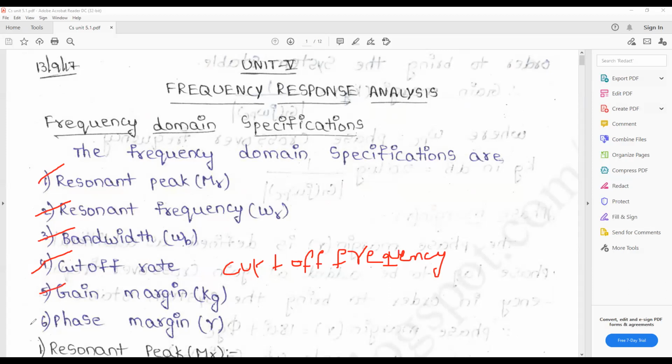Fifth one gain margin, sixth one phase margin. Okay, so first resonant peak.